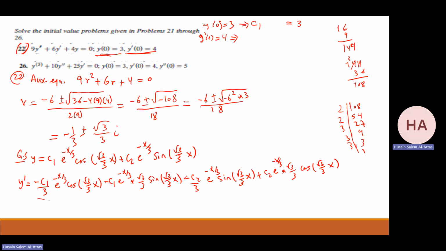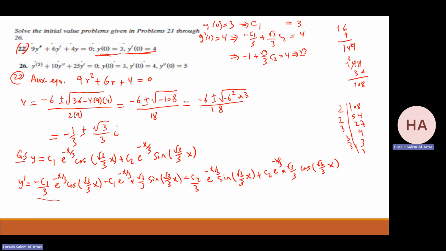Substituting, cosine 0 is 1, this is minus C1 over 3, with sine equal to 0. Here I have plus the square root of 3 over 3 C2 equals 4. C1 equals 3, so I have minus 1 plus this equals 4.